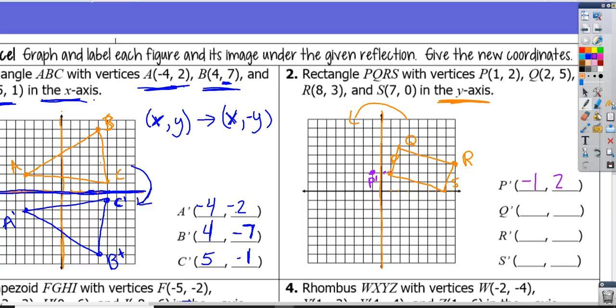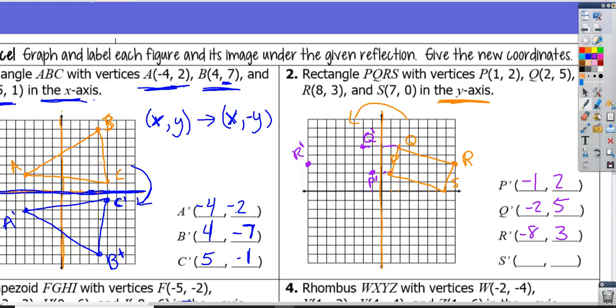Now I'm going to do Q. Q is 2 away here, so I'm going to go 2 away and put a dot. Can't really see my dot. Okay, so that's Q prime. And that's going to be 1, 2, so negative 2, 1, 2, 3, 4, 5. So negative 2, 5. R is all the way over here. R is 8 away. So I'm going to go 8 away on this side and put a dot. That's R prime. And that's now going to be negative 8, 3.